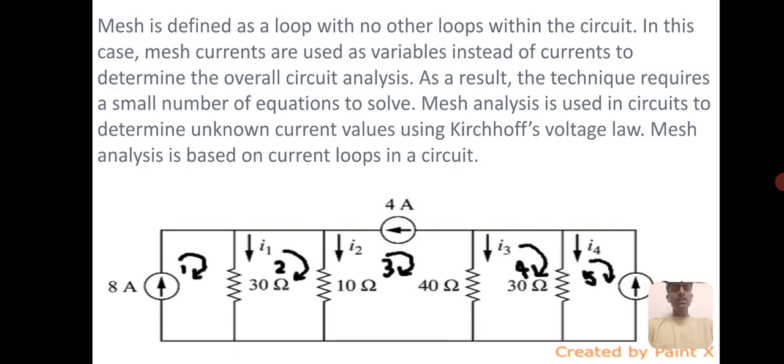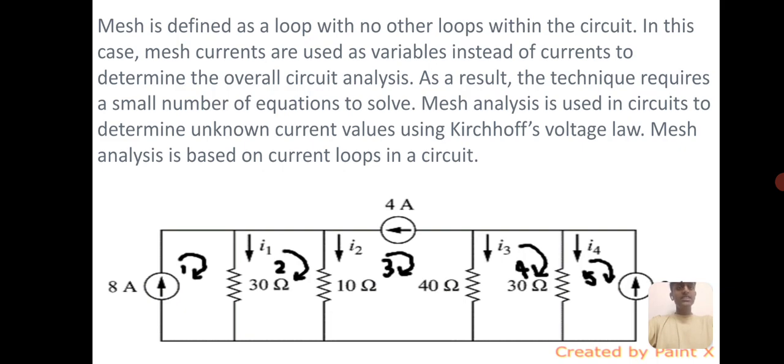Let us go into more detail and deeply about the mesh. What is a mesh? It is defined as a loop. Mesh analysis: a mesh is defined as a loop with no other loop within the circuit.